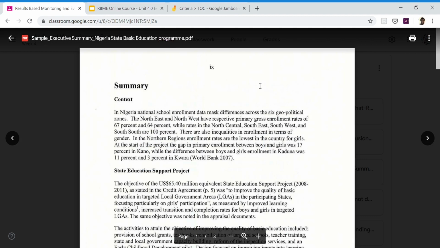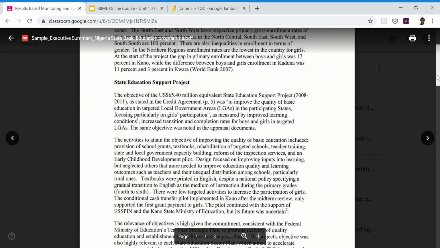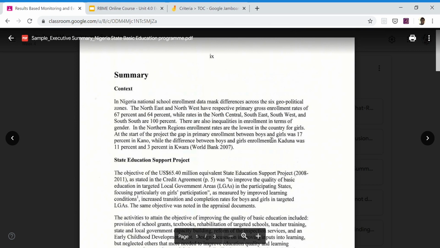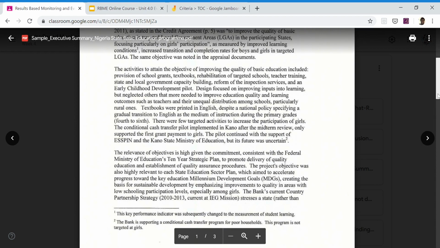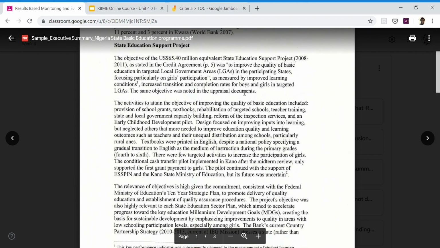You can also think about this. This is the State Basic Education Program of the World Bank, and you can see the context, just a brief description of the program, and the focus of the evaluation itself.